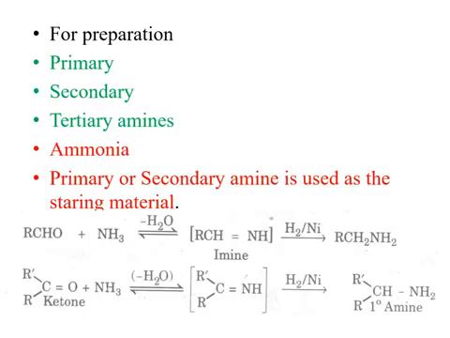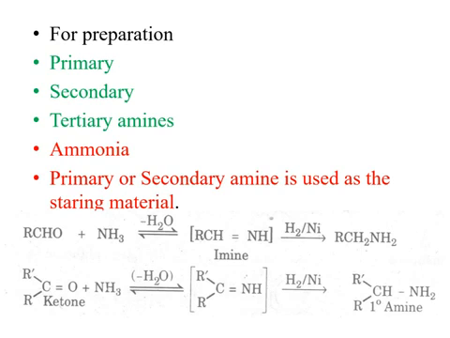Ketonic group is always present in between the chain, but aldehyde group is present at terminal position. So aldehyde will always produce a primary amine, and ketone can produce primary amine.